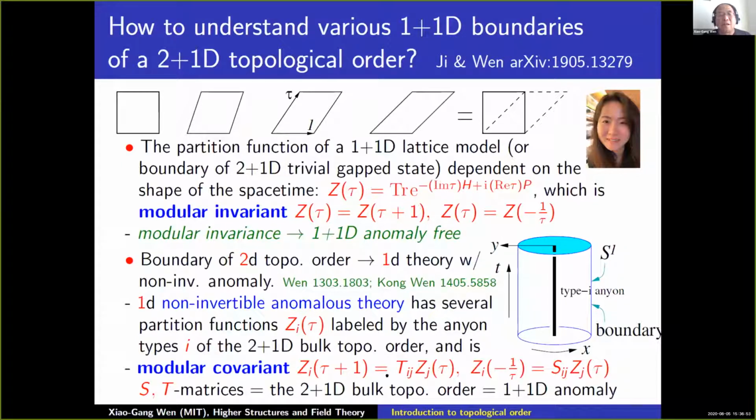The modular covariance is characterized by this ST matrix, again characterized by this anomaly or this categorical symmetry. So using this modular covariant condition, we can determine the boundary partition function. This is what I mean by using the bulk topological order, or this non-invertible anomaly, or this categorical symmetry, to determine the boundary conformal field theory. It's really using this kind of relation.